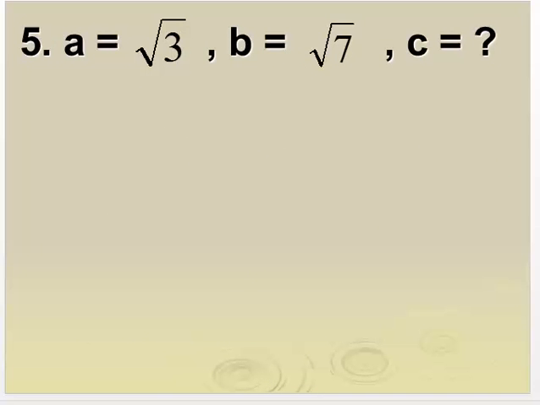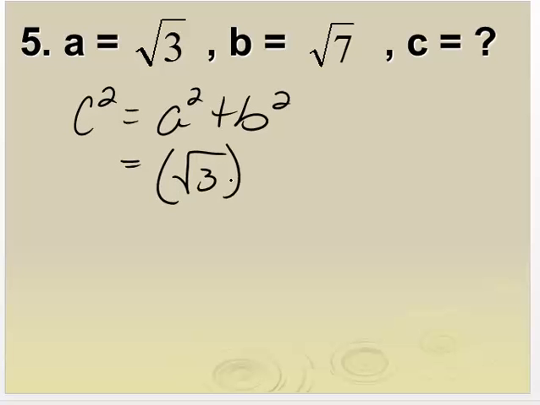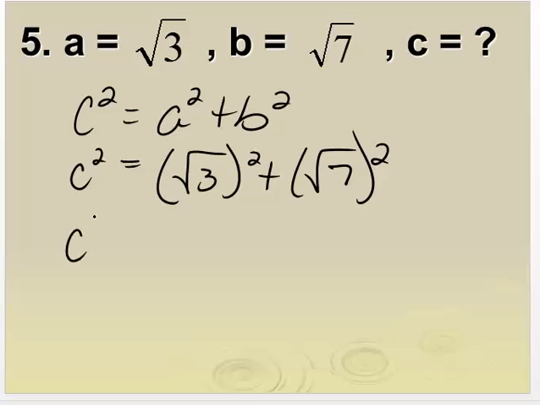Number 6, plugging into c squared equals a squared plus b squared. For this problem, a is rad 3, so we have rad 3 squared. B is rad 7, so rad 7 squared, and c is what we're trying to find. We've discussed that squaring a radical causes your radical and your squared symbol to cancel. These are opposites. So rad 3 squared is 3.